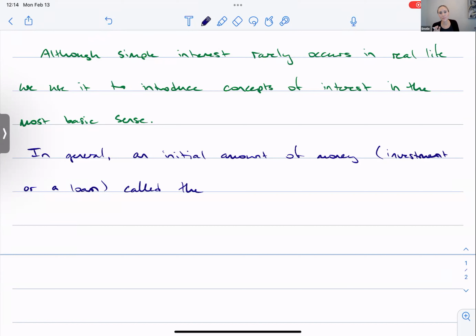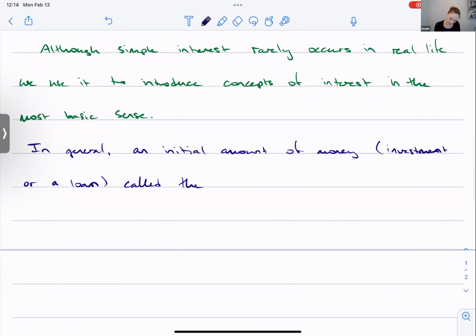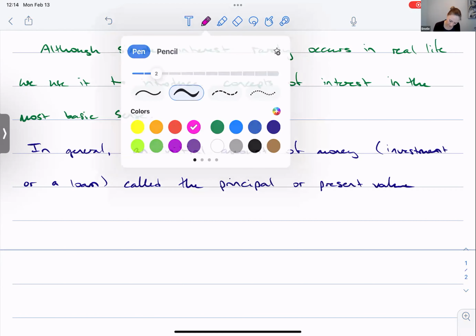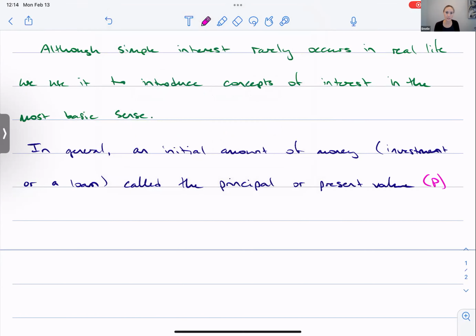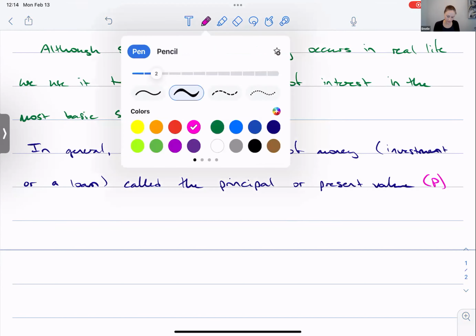I'm going to try to call it the present value just to be more consistent with later sections, but usually we just call it the principal. So an initial amount of money called the principal or present value, which we denote by P.